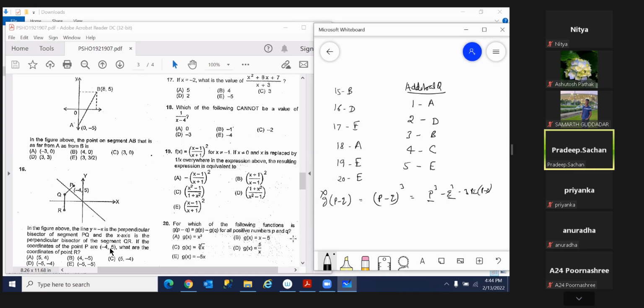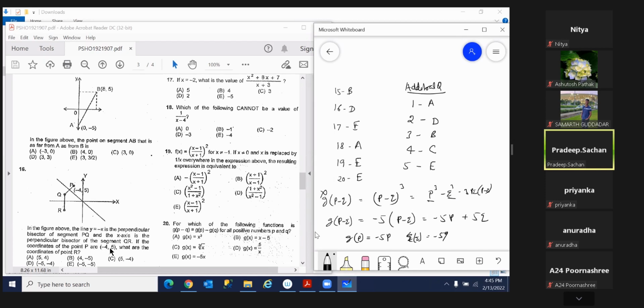Now I will try the E option. It says g of x is equal to minus 5x. So g of p minus q will become minus 5 of (p minus q), which when solved becomes minus 5p plus 5q. Now g of p gives minus 5p, and g of q gives minus 5q.